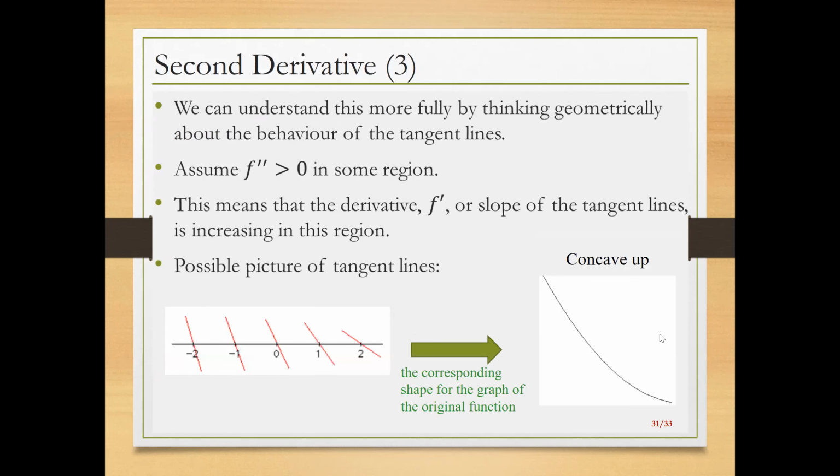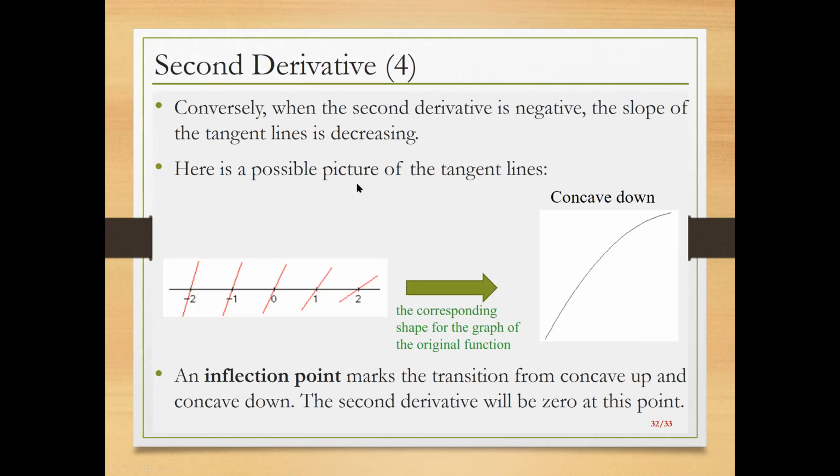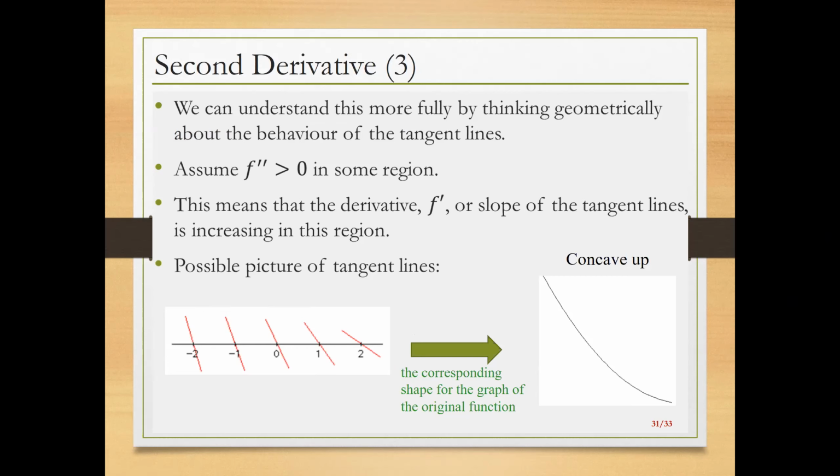Concave up, concave down. It's telling you how do we know that when we take the second derivative, and how does the second derivative being greater than 0 tell us whether it is actually a local minimum, and how does it being less than 0 tell us it's a local maximum? So this is the slide.